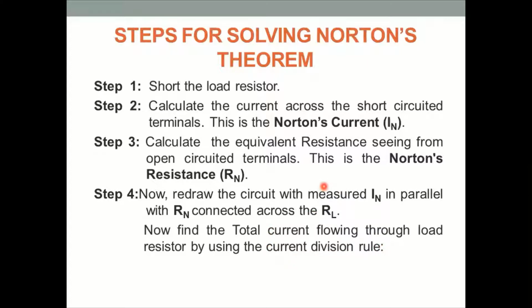According to the current division rule, the current IL can be calculated as total current times opposite resistance divided by the sum of the resistances. With the help of this formula, we are going to calculate the load current here.